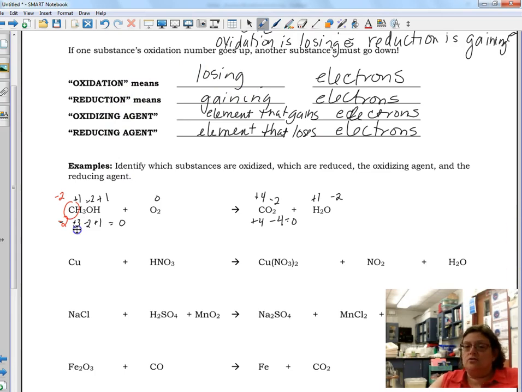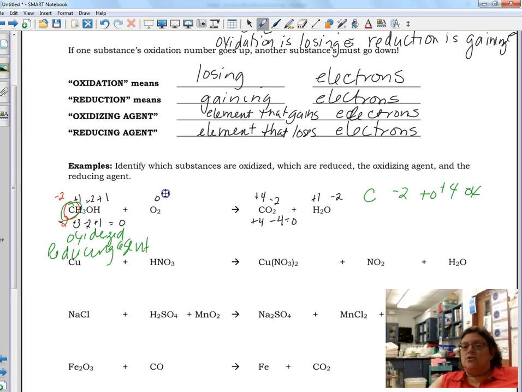The charge that increased was carbon. Carbon went from a -2 to a +4. So he lost 6 electrons. Okay? He was oxidized. So the carbon was oxidized. So the methanol here is our reducing agent.